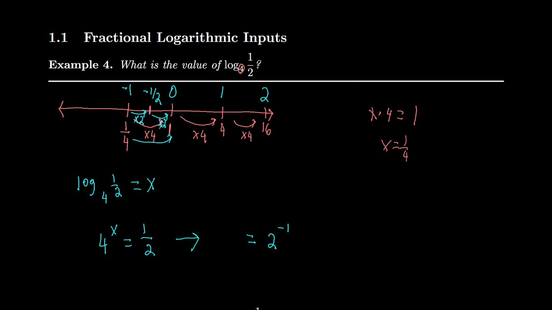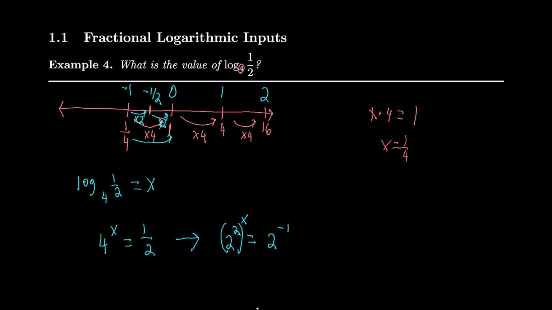So our base is 2, and I can write 4 as 2 squared. So instead of writing 4, I write 2 squared, and it's still raised to the x power. I rewrote 1/2 as 2 to the -1st, because that's how negative exponents work.